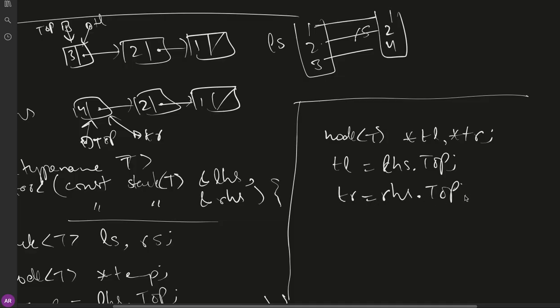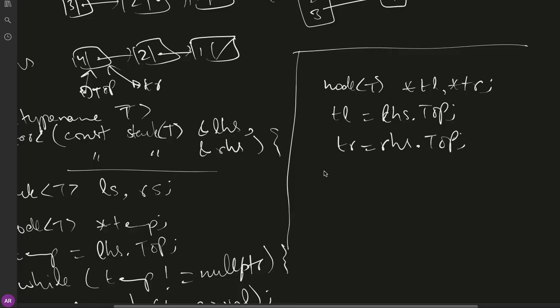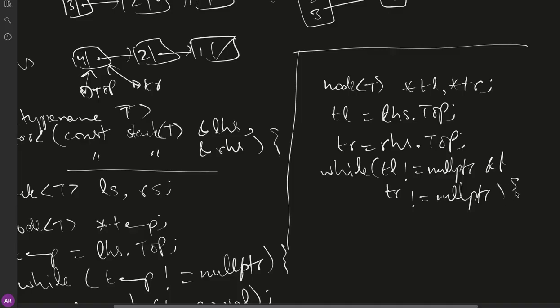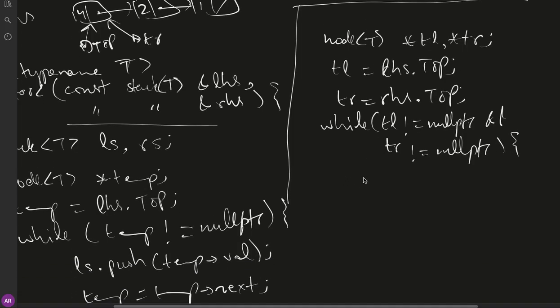and then a similar while loop: while temp left is not equal to nullptr and temp right is not equal to nullptr, we check if both the values are equal.